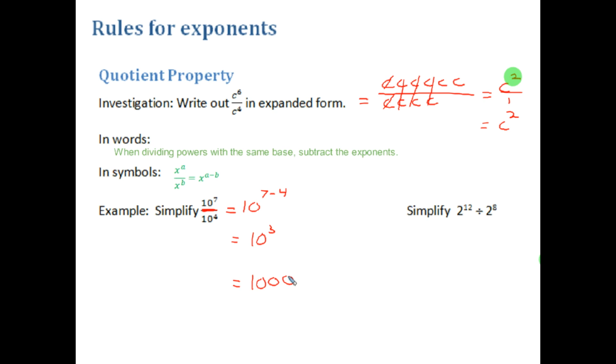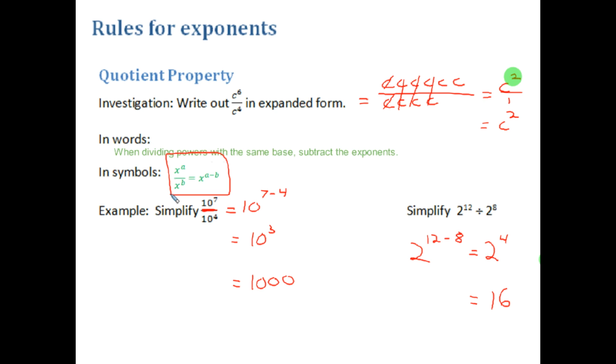The next one is still division, it's just written a different way. So 2 to the 12th divided by 2 to the 8th. They're the same base, so we can do 2 to the 12 minus 8, which is 2 to the 4th. If we wanted to evaluate that, that would be 2 times 2 times 2 times 2, which is 16.